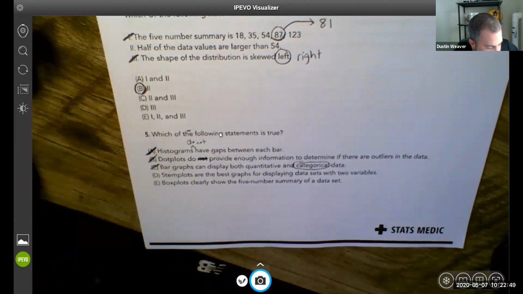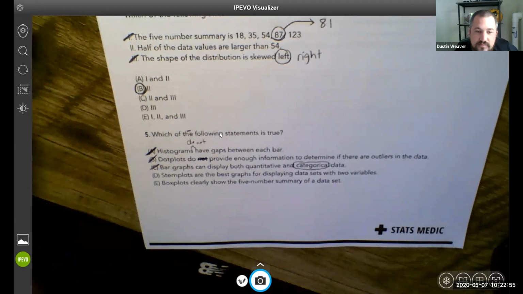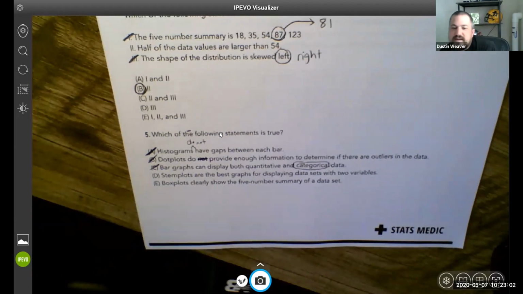D, stem plots are the best graphs for displaying data sets with two variables. Is that true? If you have two variables, if you have an X and a Y, what type of graph do we use?